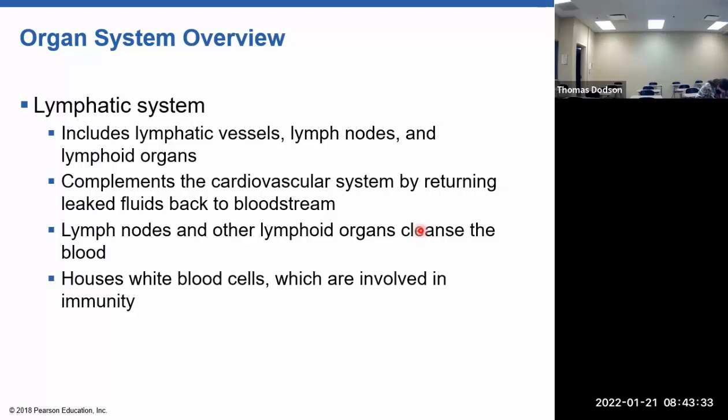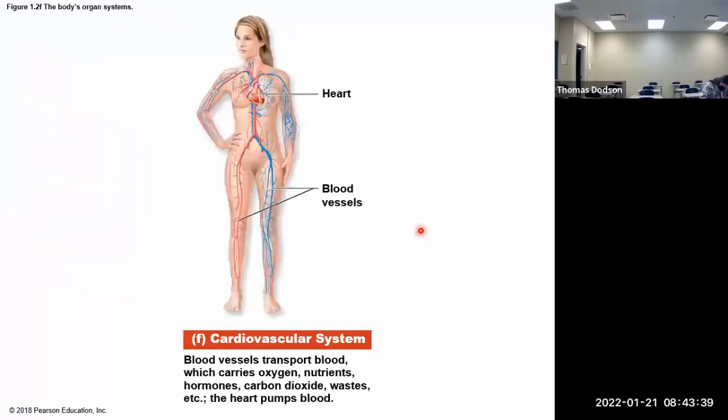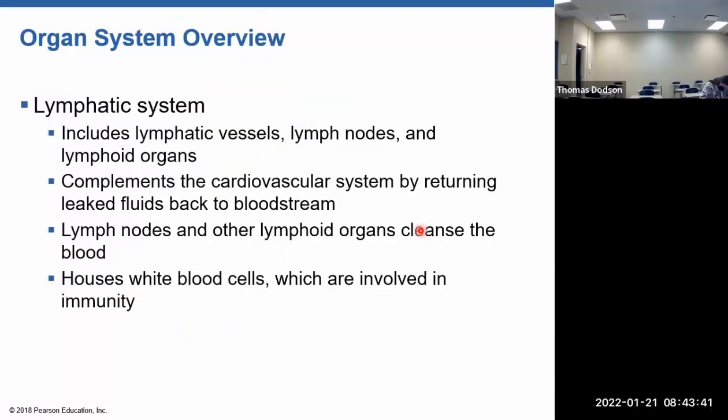The lymphatic system is a great one to talk about right after the cardiovascular system, excuse me, not respiratory. Because it's paired with it very closely. It doesn't do the same thing, but they connect in an interesting way, at least in my opinion. They have vessels, and that's very similar to the cardiovascular system, but they also have little lymphoid organs and lymph nodes.